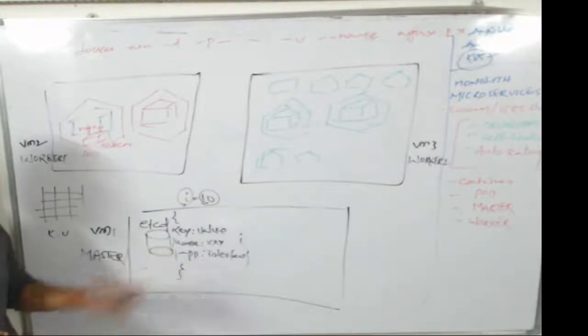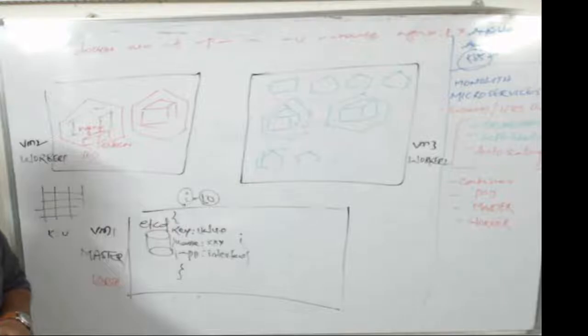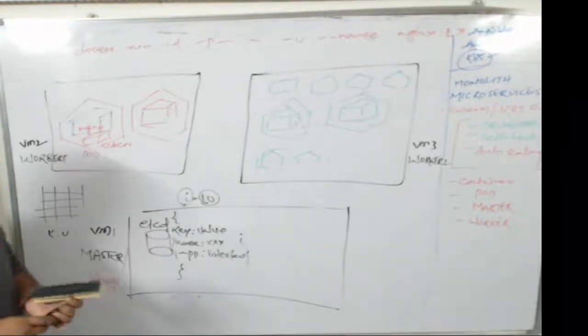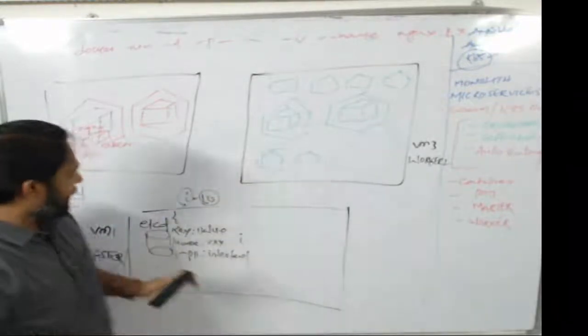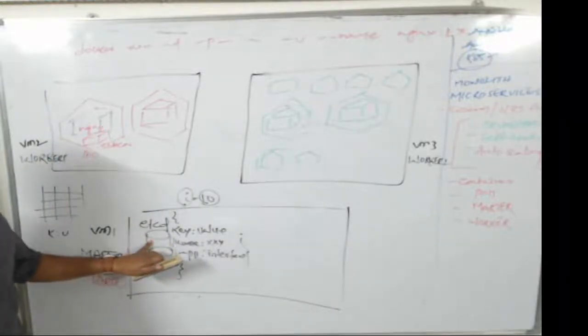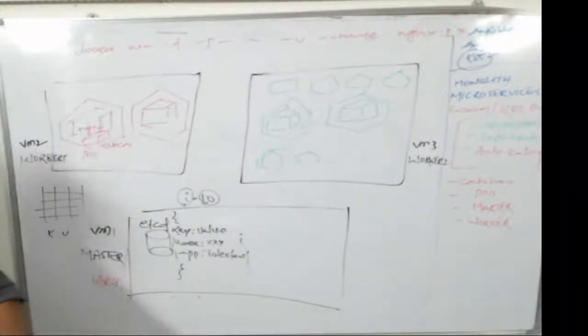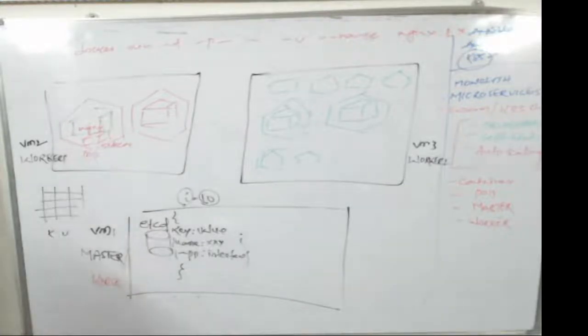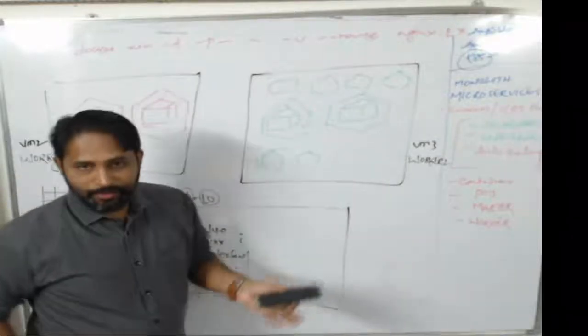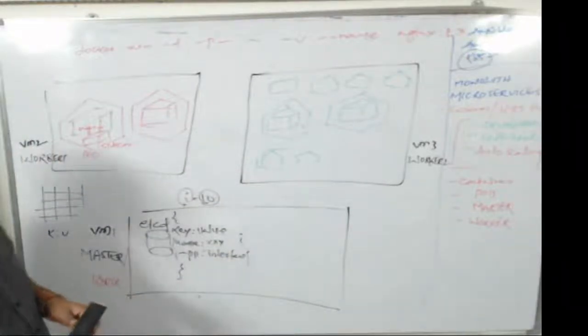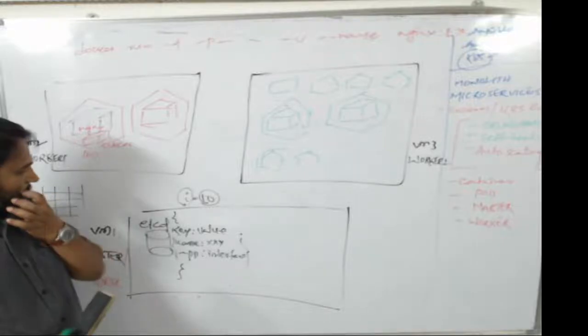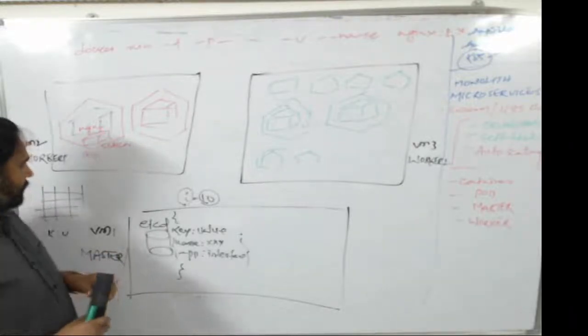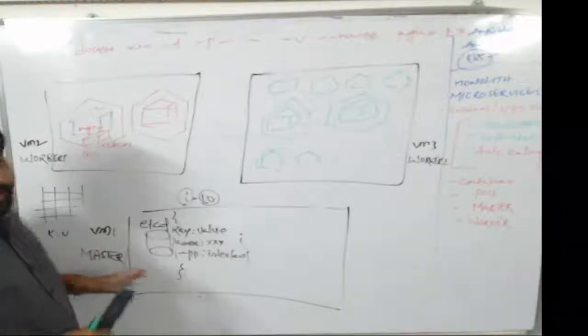So etcd talks JSON language. Everything related to Kubernetes is stored in etcd. That's the heart of Kubernetes. If you don't have etcd, there's nothing. You don't know what's happening in Kubernetes, or the current state of Kubernetes. So you have etcd on the master.